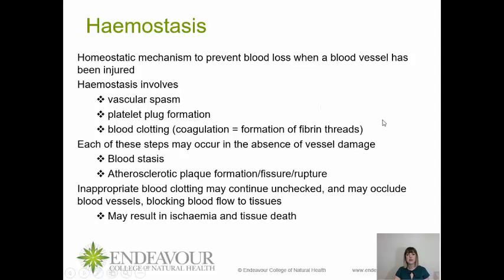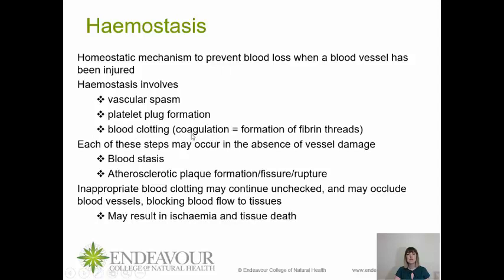Whenever you need to form a blood clot, you have to have a vascular spasm to narrow the blood vessel. You need the formation of a platelet plug, where platelets become activated and adhere to one another in order to create a clot structure. And then you also have blood clotting, also called coagulation.